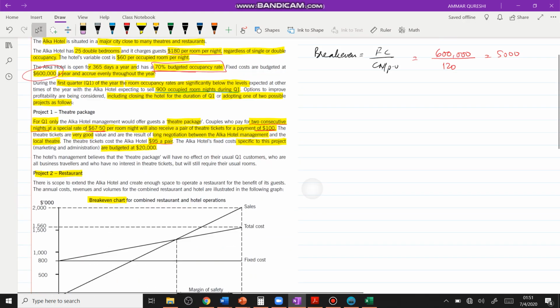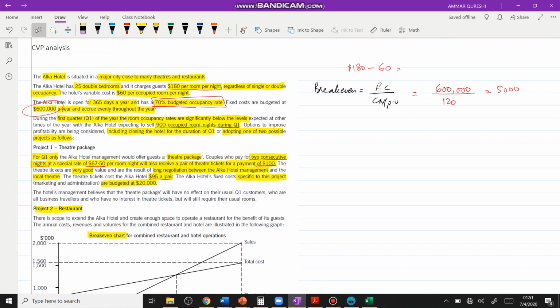Now, margin of safety is equal to budgeted sales minus break-even sales, and margin of safety in percentage is equal to margin of safety divided by budgeted sales.